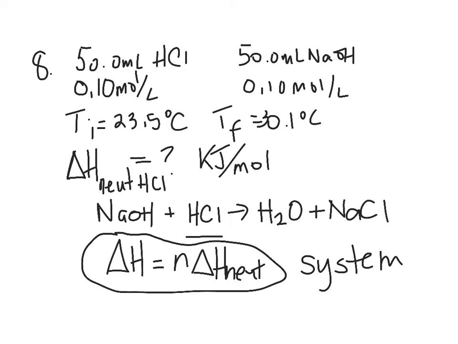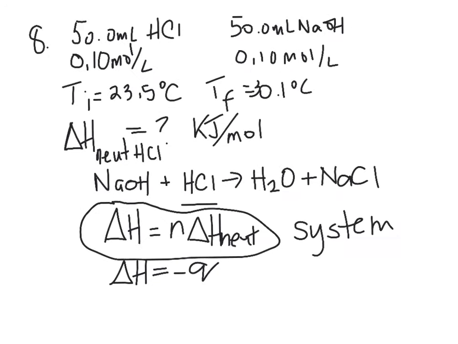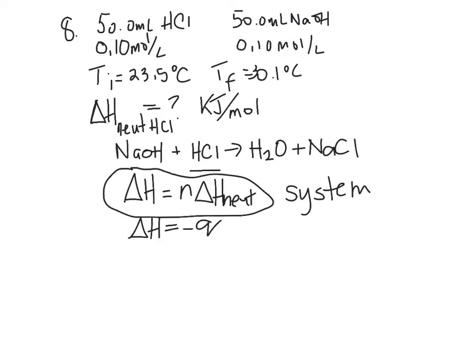Nikita? Q equals mc. Yeah, we get the information from our system, so Q equals mc delta T. Saeed said that delta H is equal to negative Q. The change in the surroundings is equal to the change in the system. So we can move forward.